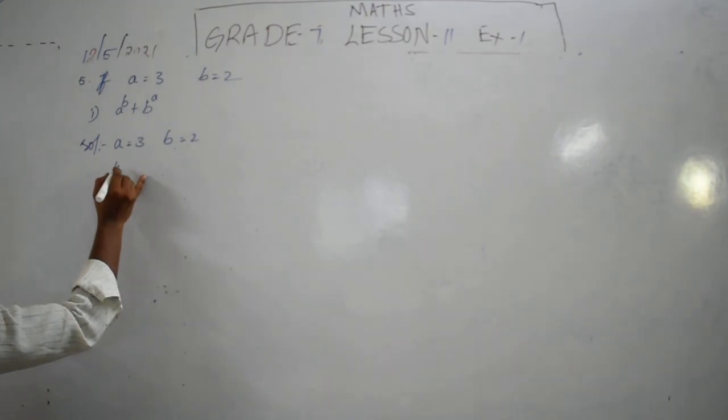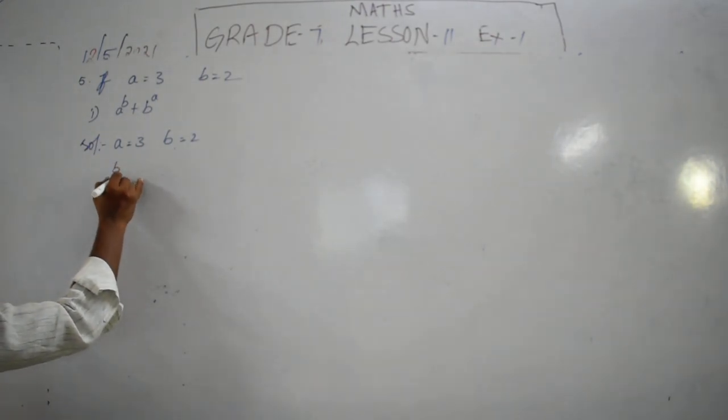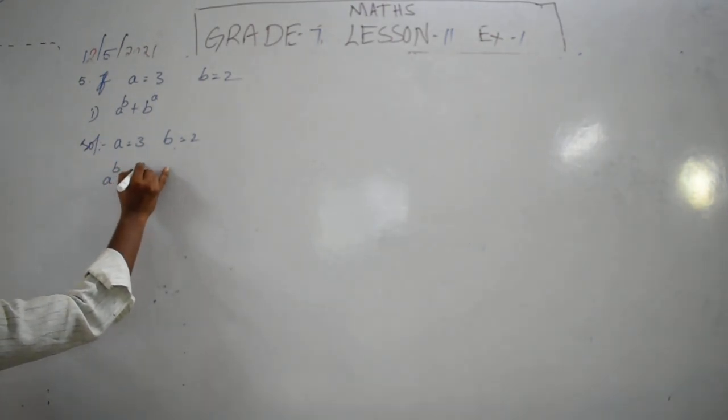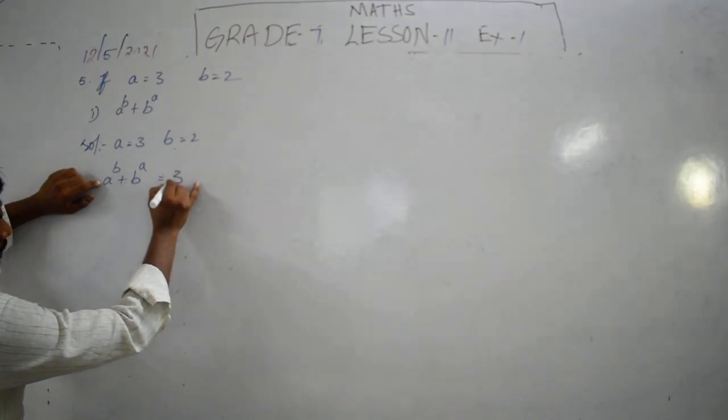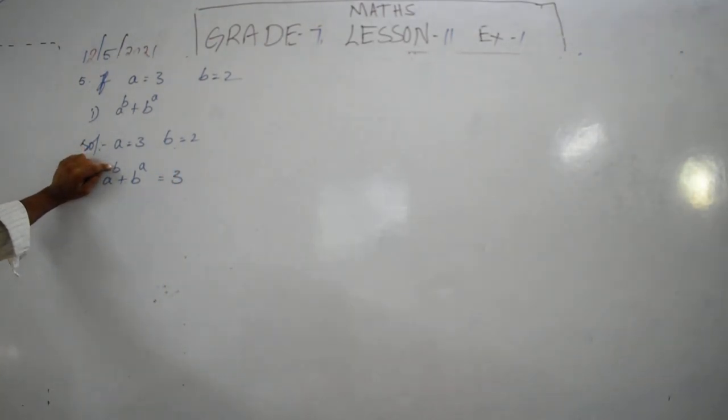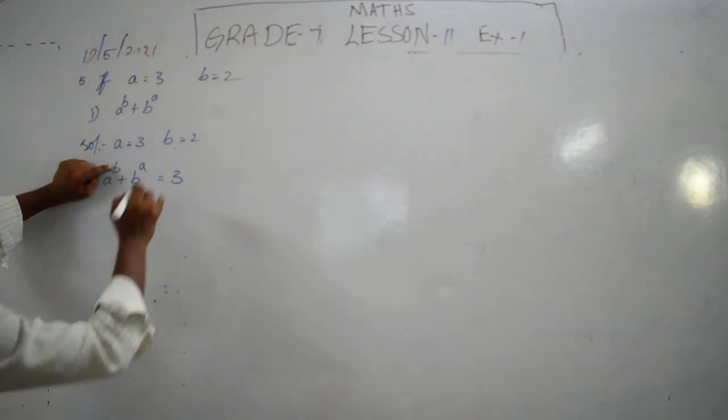So A power B plus B power A. The base is A, A value 3, and the exponent is B, B value 2.